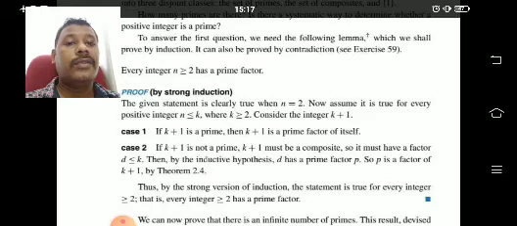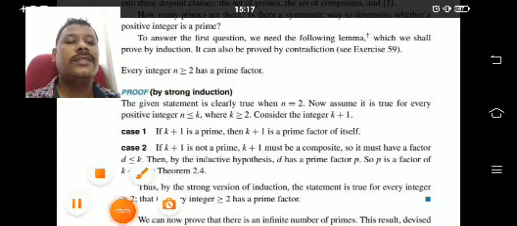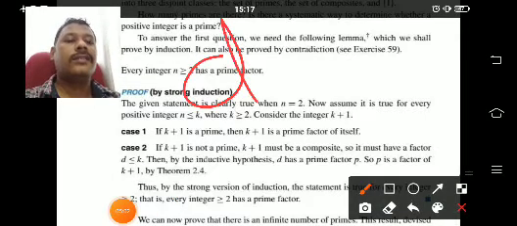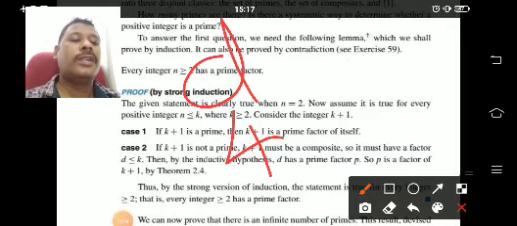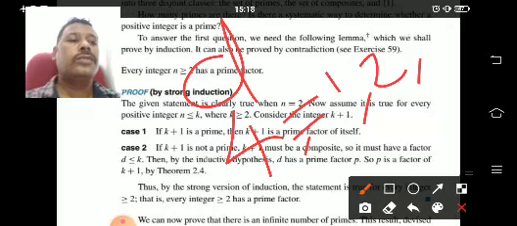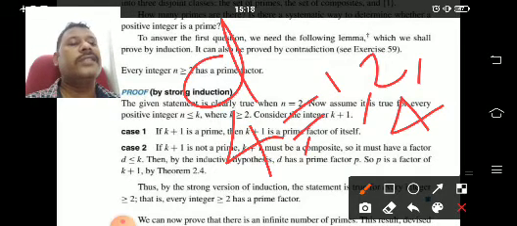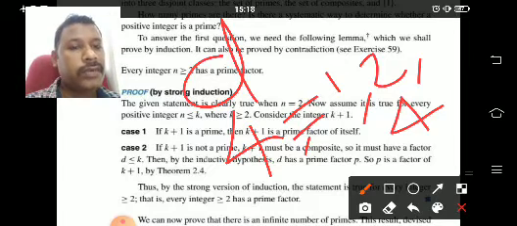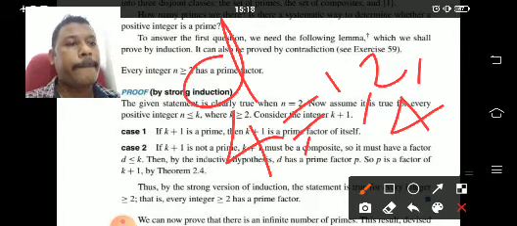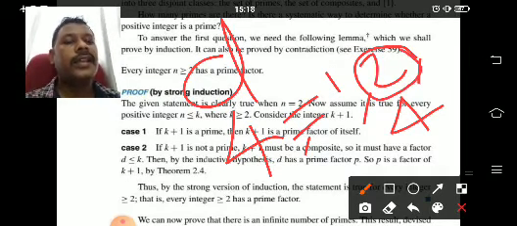D means divisors. If we take 4, then its divisors are 1, 2 and 4.